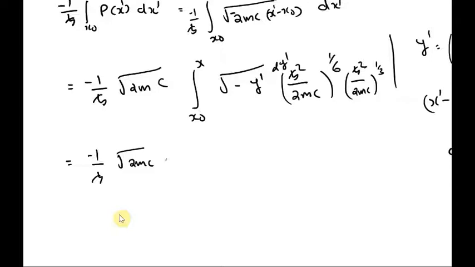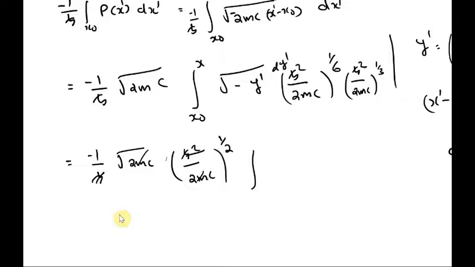So it's just like (ℏ squared divided by 2mc) whole raised to 3 by 6, which becomes 1 by 2. You can see that ℏ squared raised to 1 by 2 and ℏ both will cancel, and root 2mc and 2mc will cancel, and there is only a minus 1 sign over there.